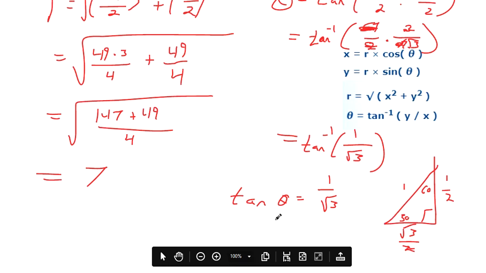If that's true, then 1/2, the opposite, divided by the adjacent should equal 1 over the square root of 3. Let's flip and multiply, and that works out. That's the one. So 30 degrees is our answer, or you can convert that to radians, which is pi over 6.